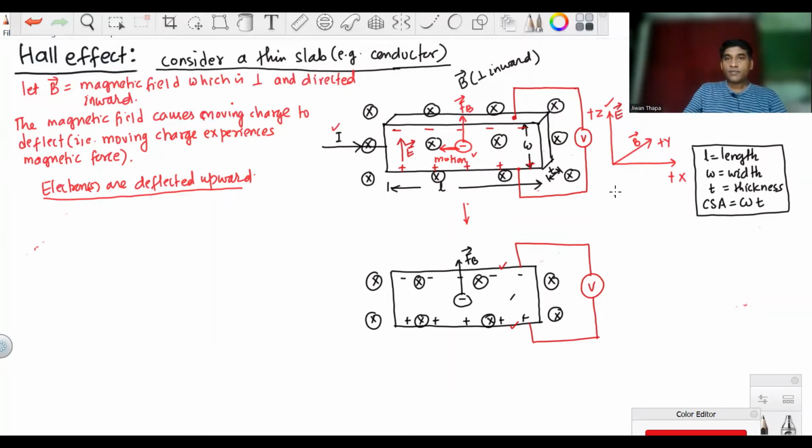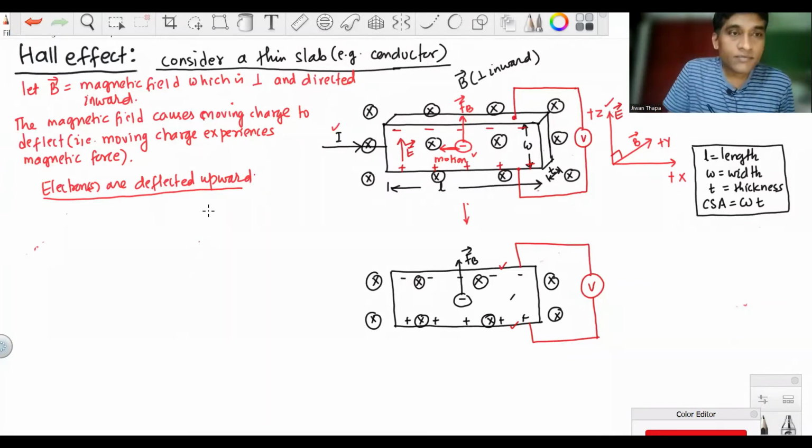And we can see the electric field which is produced is perpendicular to the magnetic field. So we are getting a transverse electric field because it is perpendicular to the magnetic field. So this is to be noted.